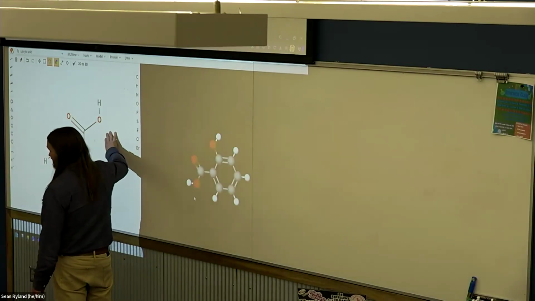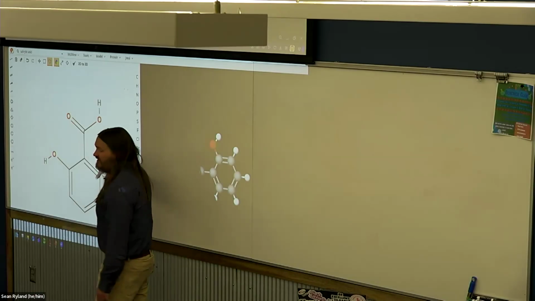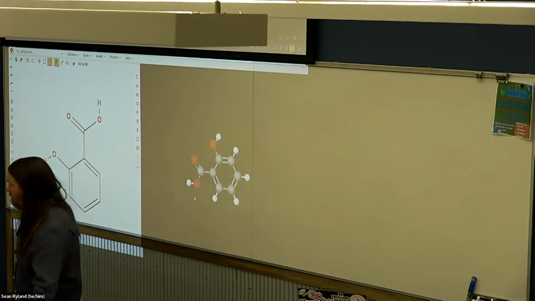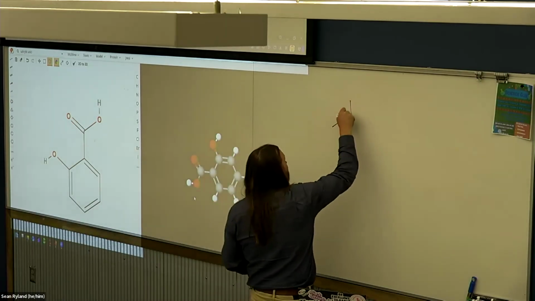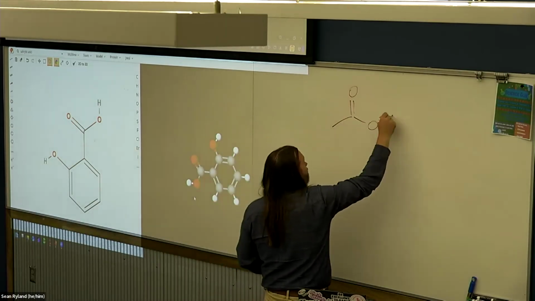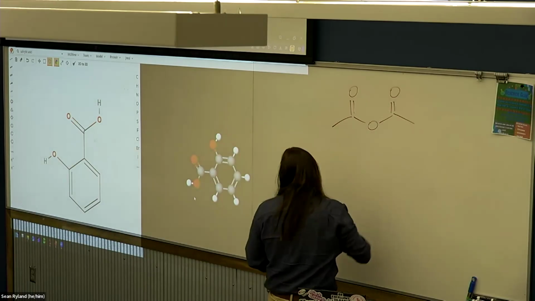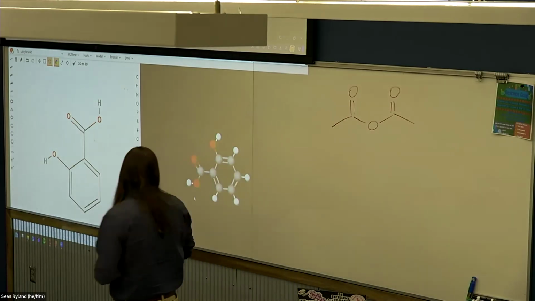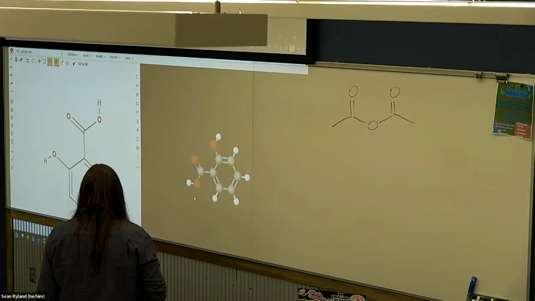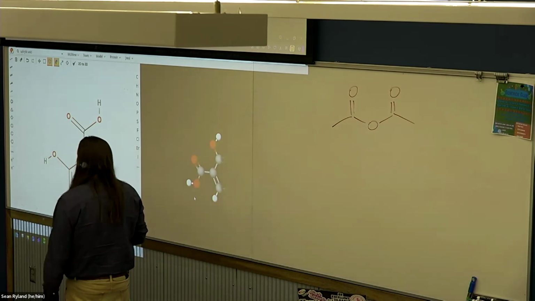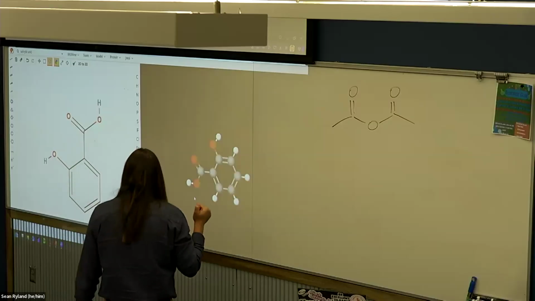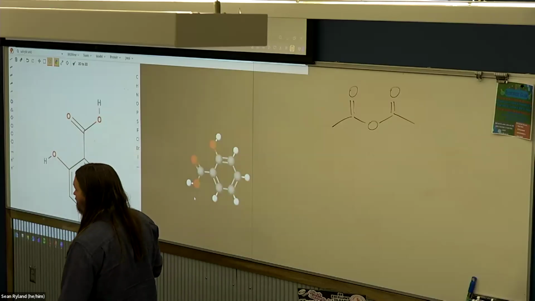If you expose this molecule to acetic anhydride, so acetic anhydride is going to look like this, right? We get acetylsalicylic acid, which is better known as aspirin.